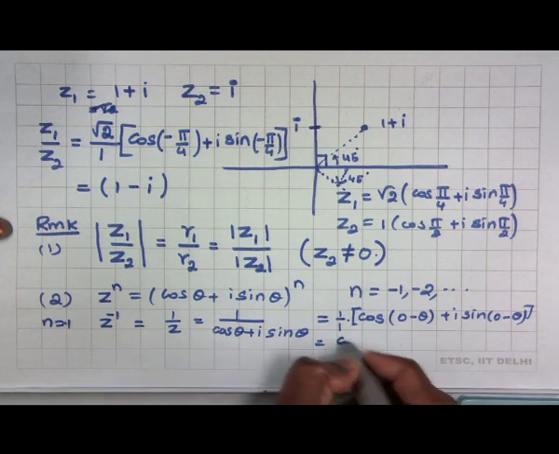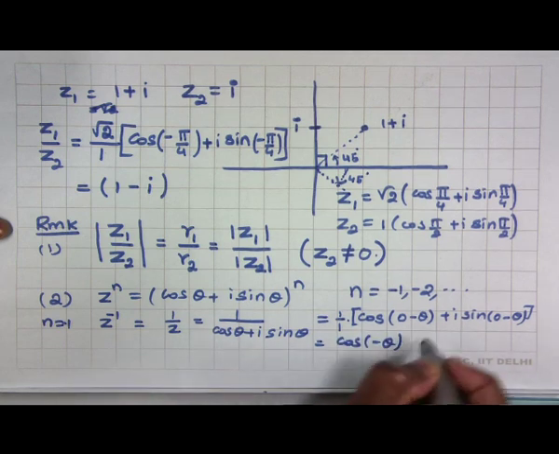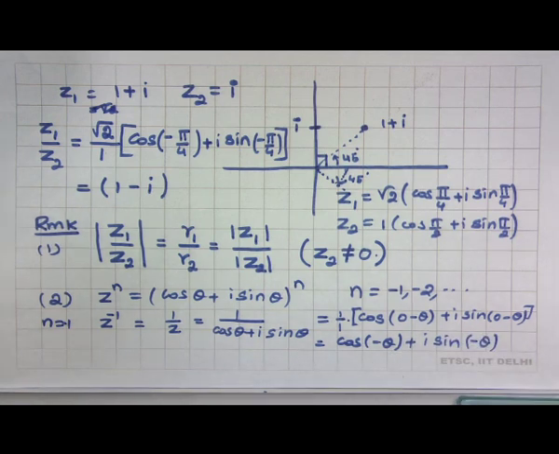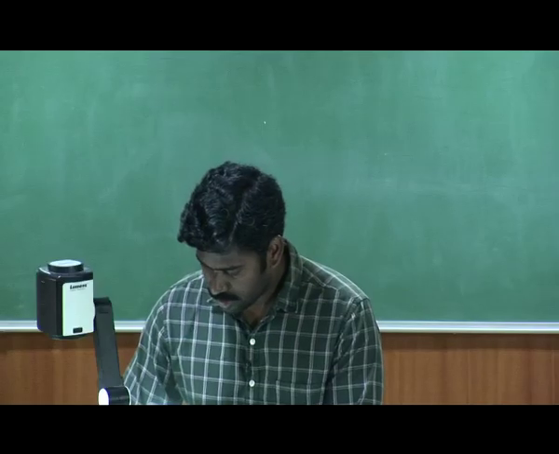So, it is cos of minus theta plus I sin minus theta, for n equal to minus 1.